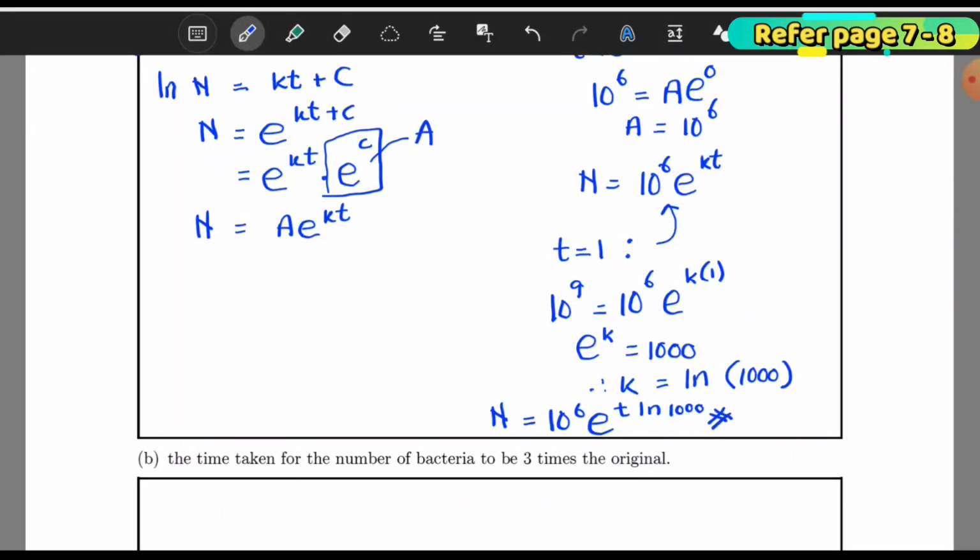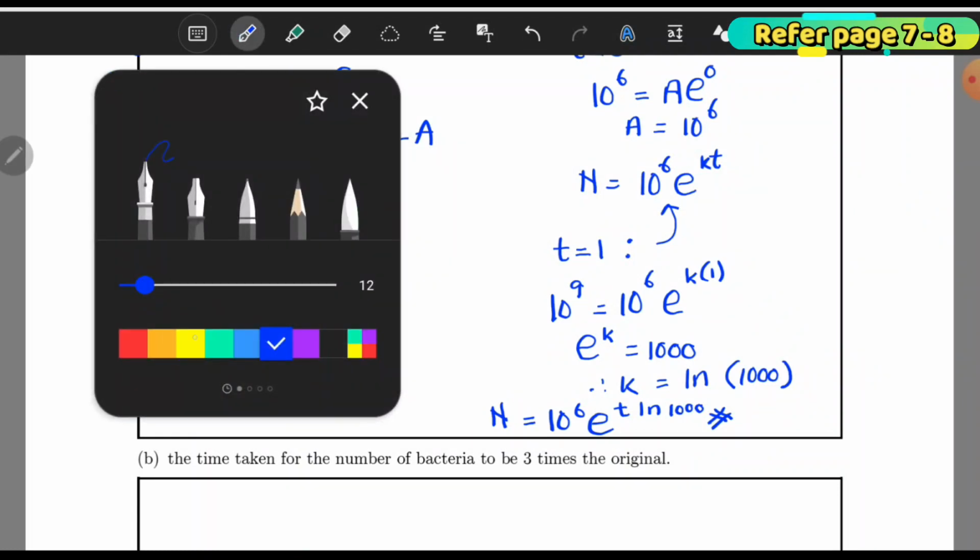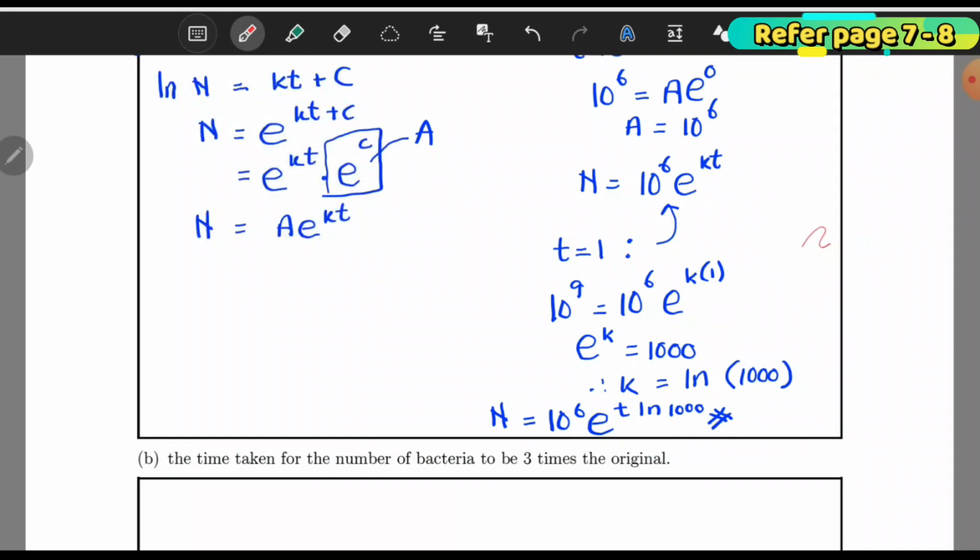Next, back to the question. You need to find n when t equals 5. So we substitute t into the equation.